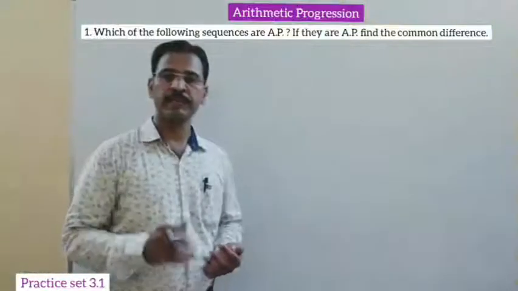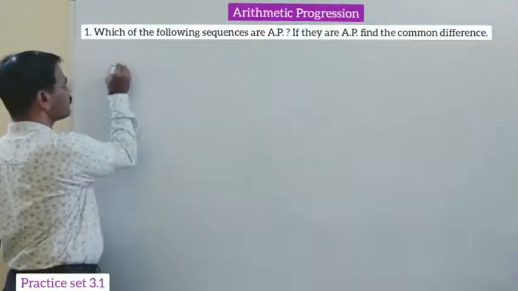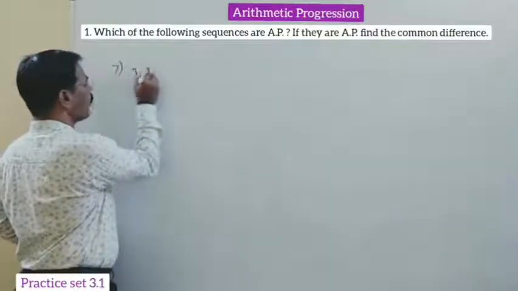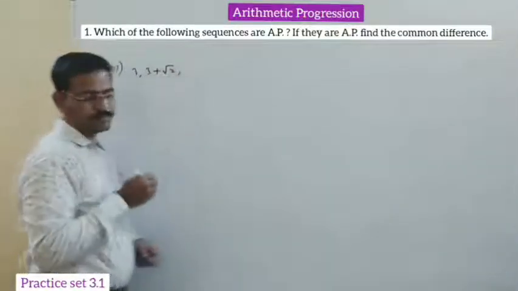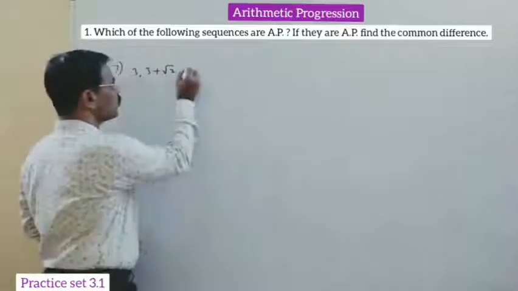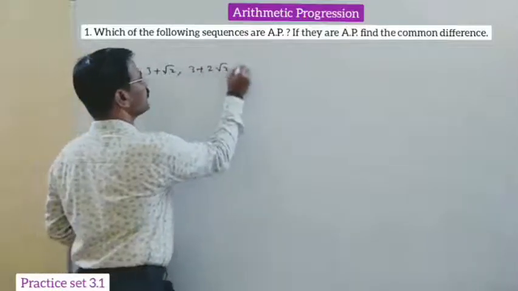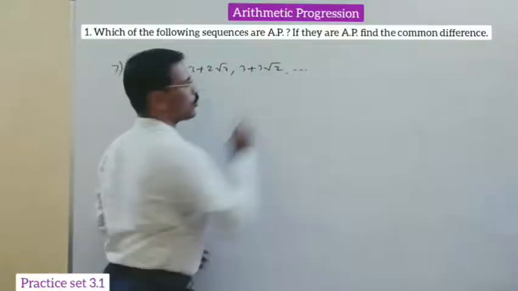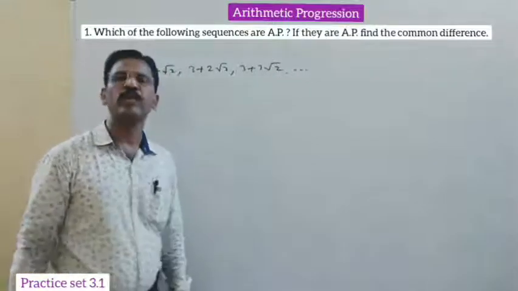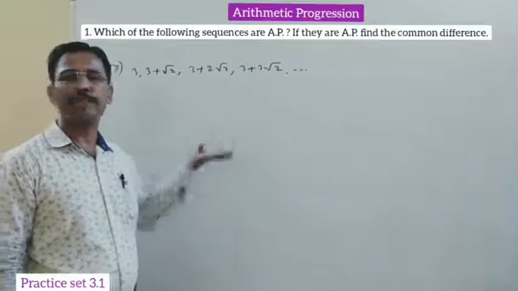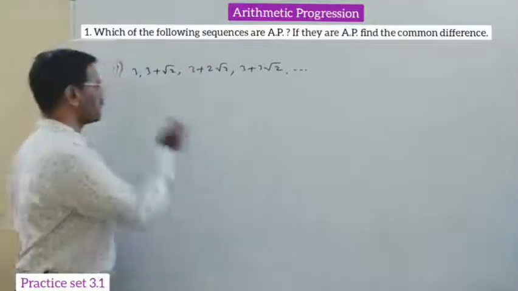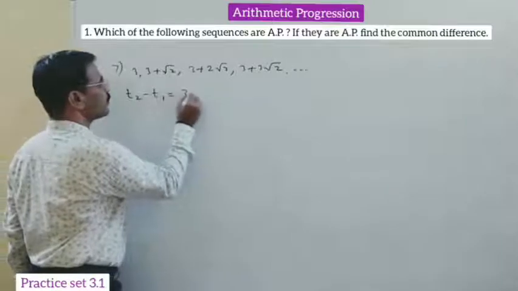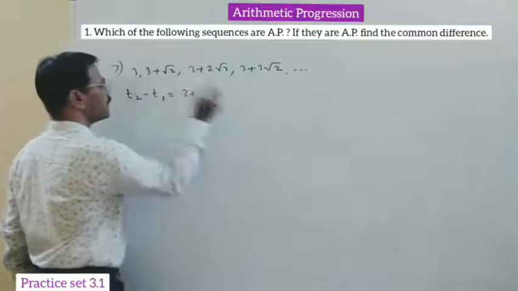Last two sums are there. Seventh one, that is 3, 3 plus root 2, 3 plus 2 root 2, and 3 plus 3 root 2, and so on, like this. So now we are going to identify whether it is AP or not. Okay friends, see this. As usual, T2 minus T1, T2 is what? 3 plus root 2 minus 3.